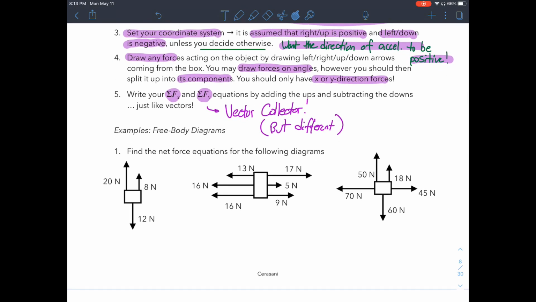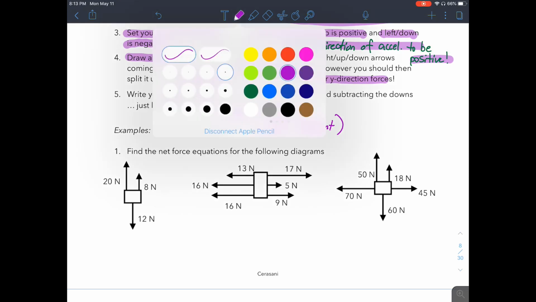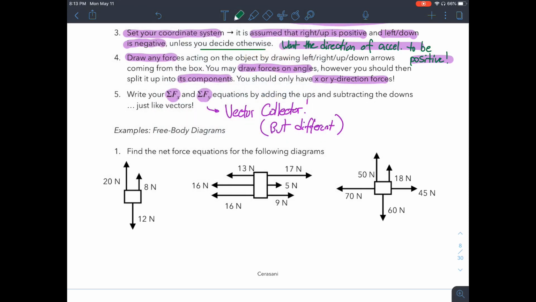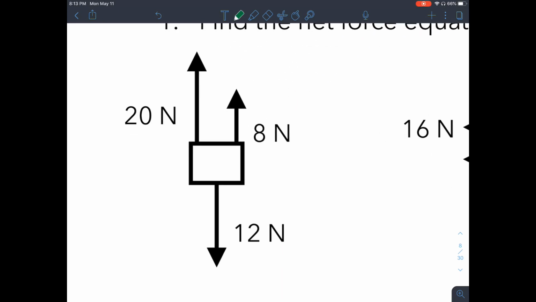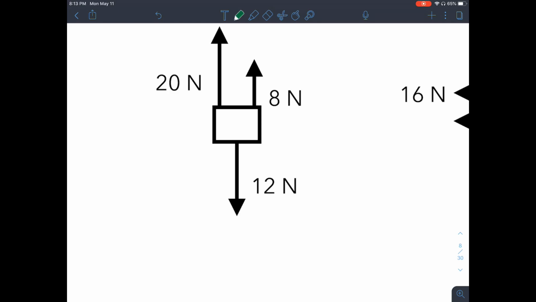So to start, here we have 3 net force free body diagrams. If we wanted to look at the sum of the forces for all of these ones, well, in this first example, we've got 2 forces going up, 1 force going down, which means we can say that the sum of the forces, and I'll call this the Y direction, okay?